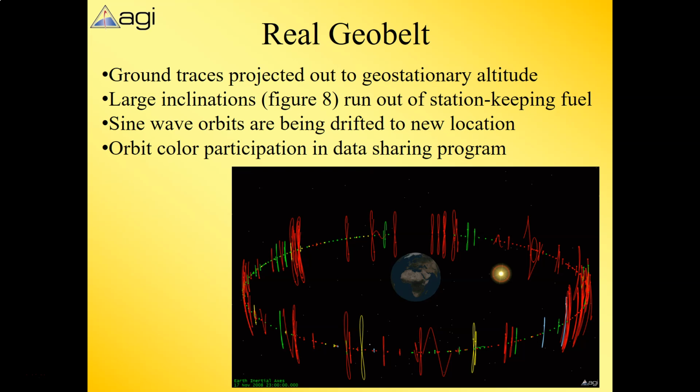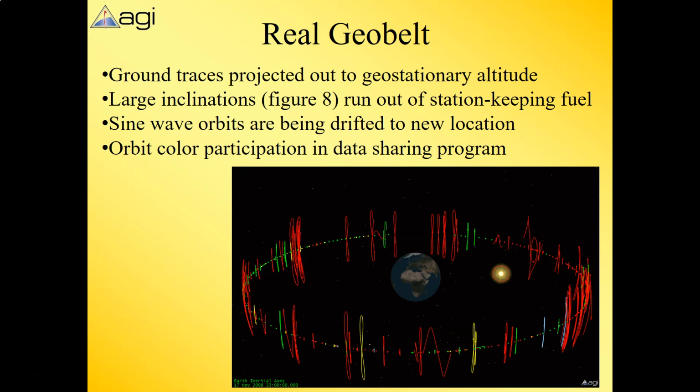This slide is showing the ground traces projected out into space, whereas ground traces are normally shown against a 2D map of Earth. However, this representation allows for easy visualization of the true geostationary satellites versus those with significant inclinations.